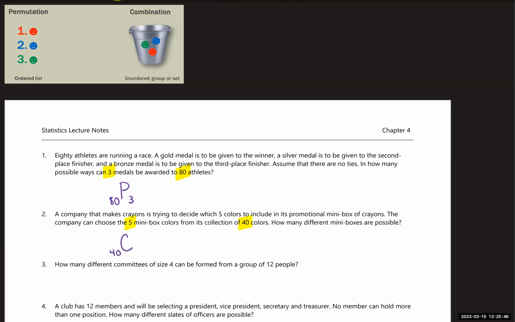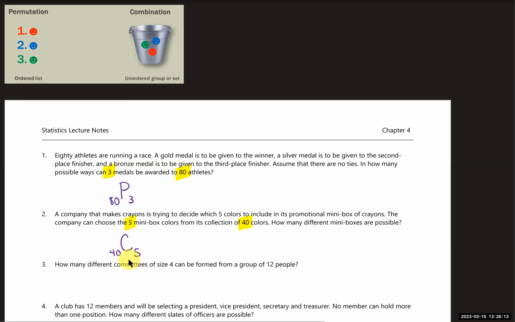So a collection, another way to think of it is a team of colors. So teams, there's no ordering. It's just an equal collection, like the 5 colors they would put in their box. All right, number 3. How many different committees of size 4 can be formed from a group of 12 people? All right, so a committee is similar to a team. So each member is equal.